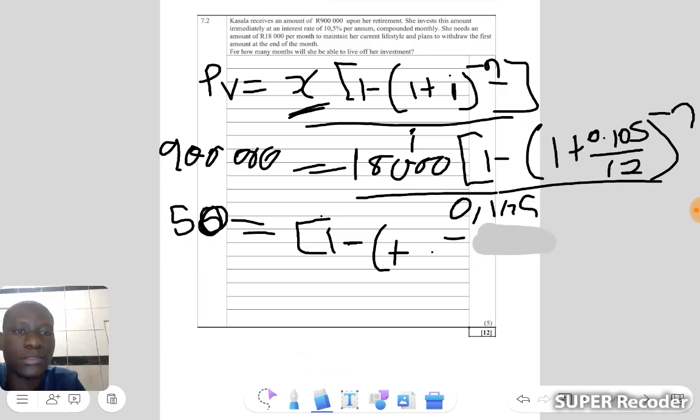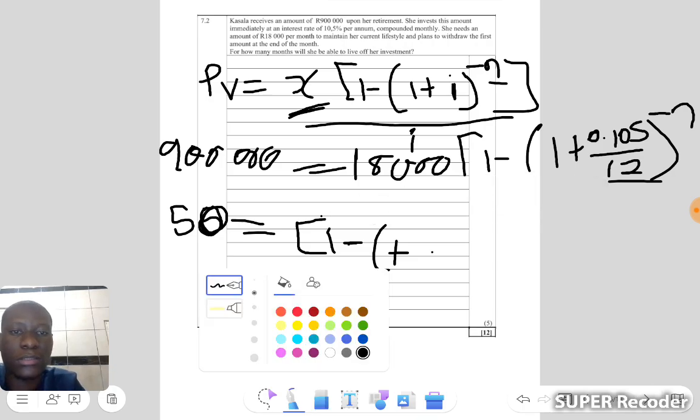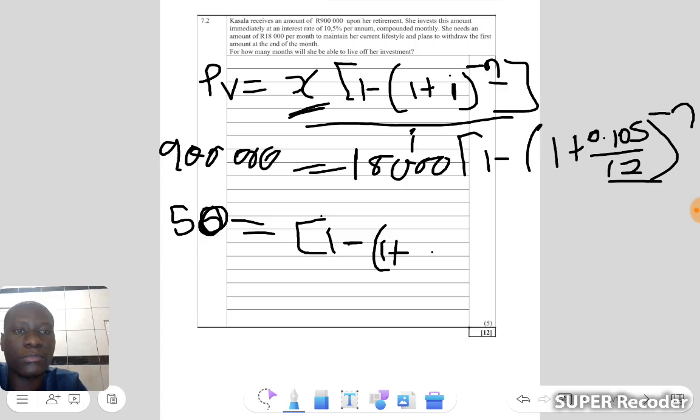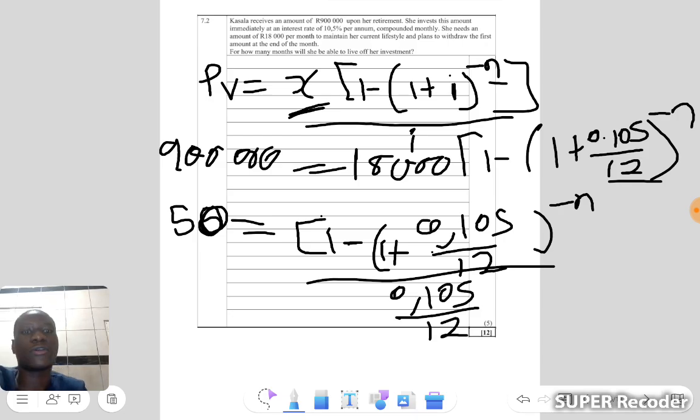If we move forward, we'll be having 1 minus 1 plus 0.105 over 12 to the power of n, right? Over 0.105 divided by 12.